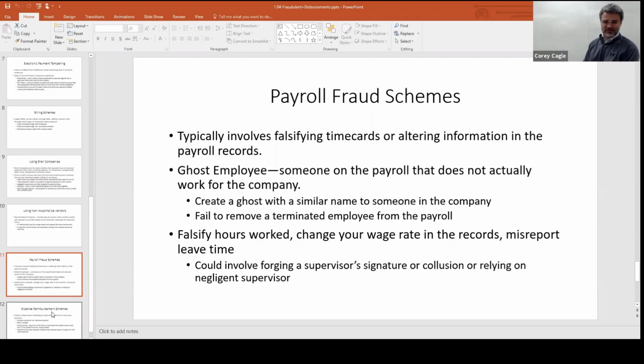It's real easy, right? Or altering your salary number or your wage rate in the payroll records. Things that aren't as clever, but effective, I'm sure. Real simple things.